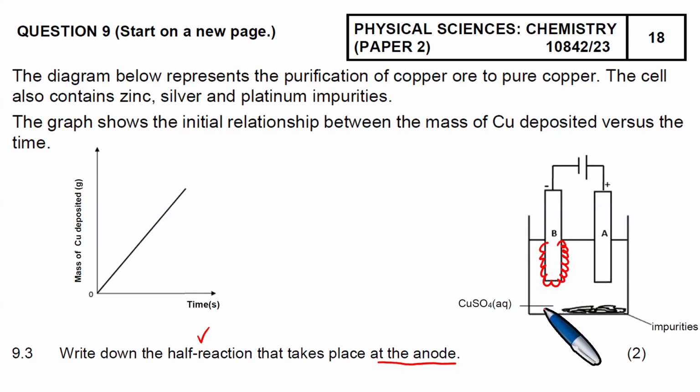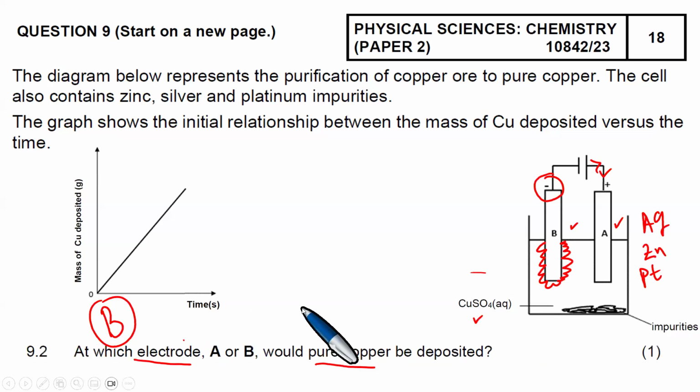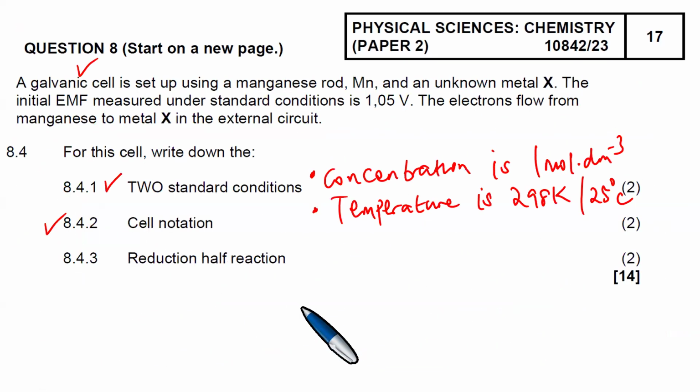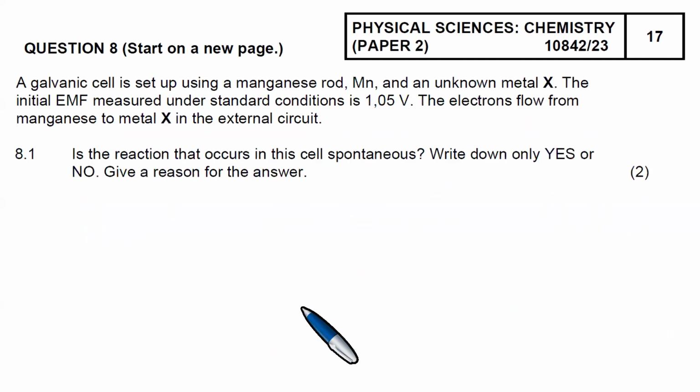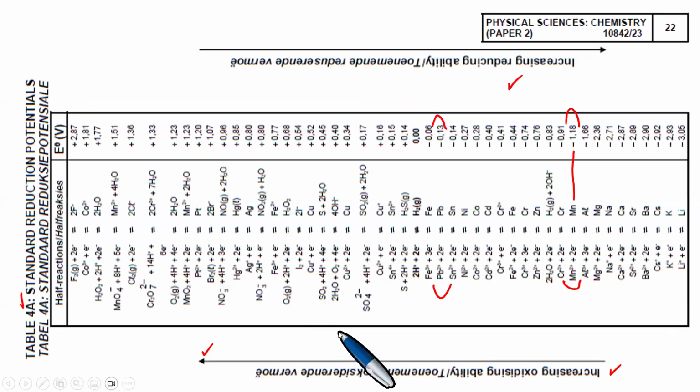The question, therefore, is what half reaction takes place at the anode. So you need to refer to the half reactions potential table and look for copper. Copper is Cu.